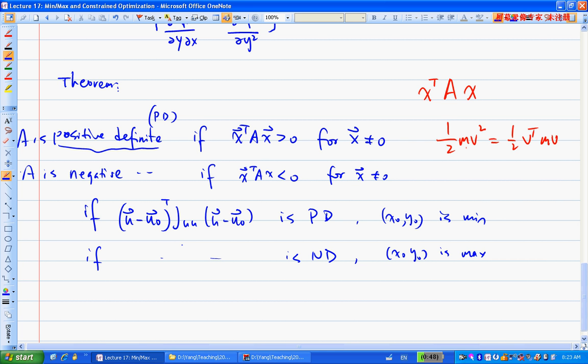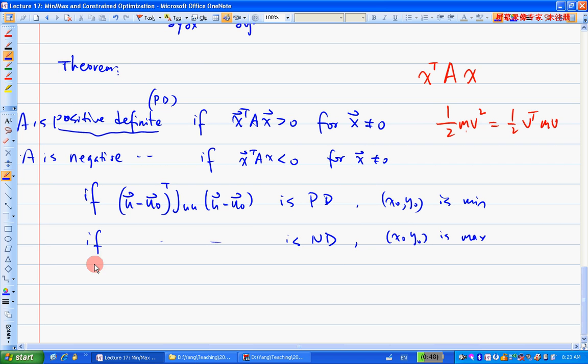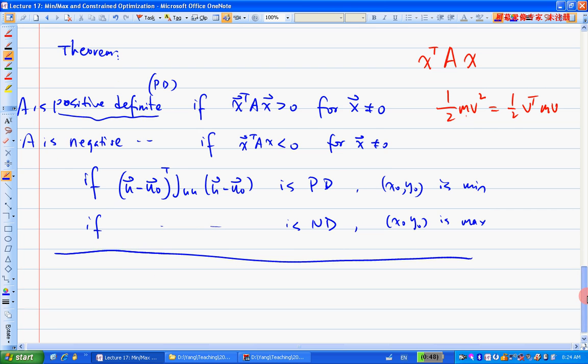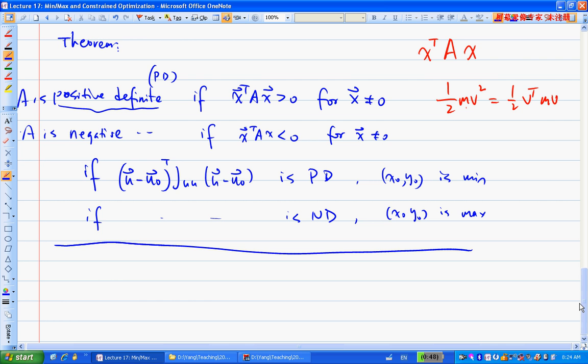You always do the first derivative test and then the second derivative test. That's how you get your min and max. And this is what we call unconstrained optimization.